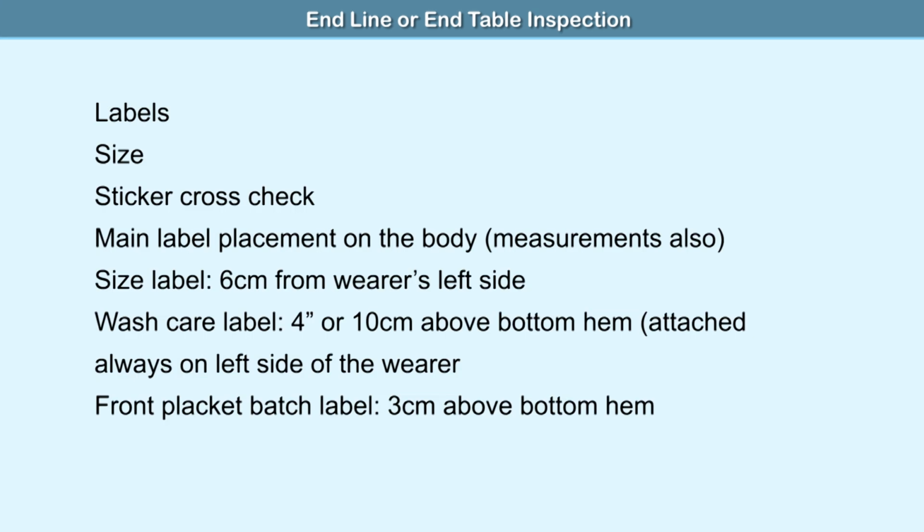The process of end table checking also includes the parts in the following sequence along with their major checkpoints: labels, size, sticker cross check, main label placement on the body, size label 6 cm from wearer's left side, wash care labels 4 inch or 10 cm above bottom hem, attached always on left side of the wearer, front placket batch label 3 cm above bottom hem.